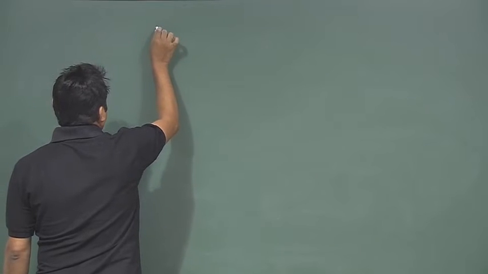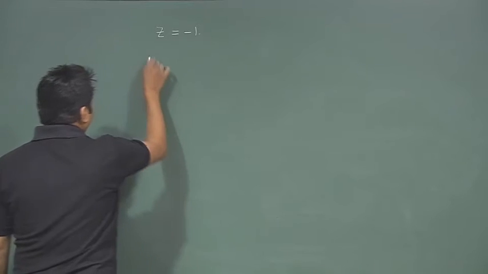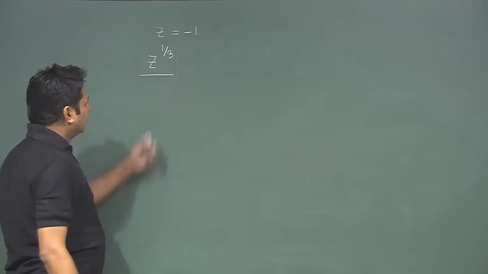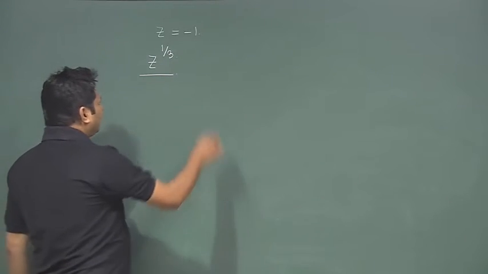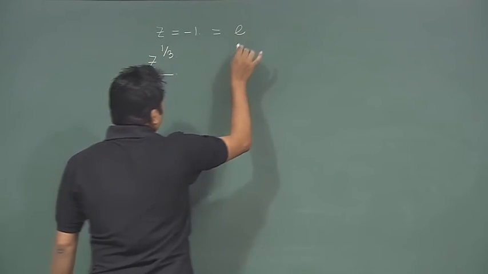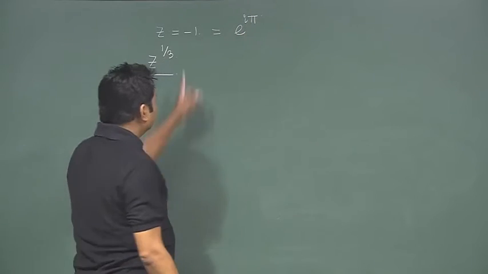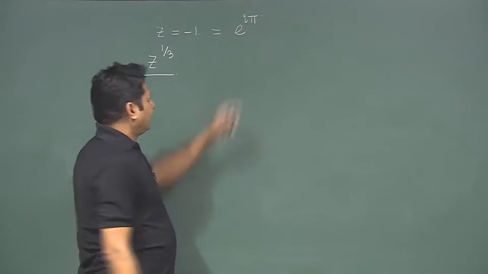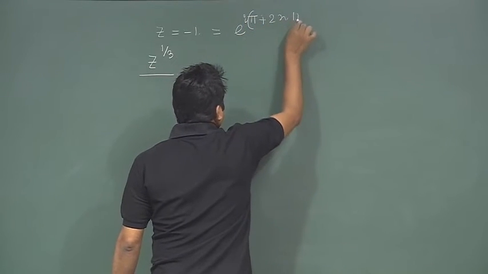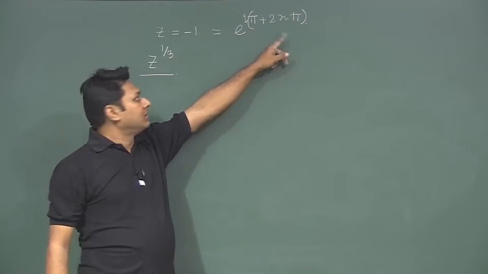So, let us take another example. Say z is equal to minus 1. I need to find out z to the power 1 by 3. So, minus 1 I need to write in r theta coordinates. It will be e to the power of I pi, minus 1 is e to the power of I pi, but I should not stop here because I need to write the total thing, which is e to the power of I pi plus 2n pi.